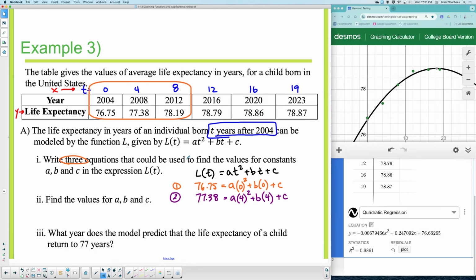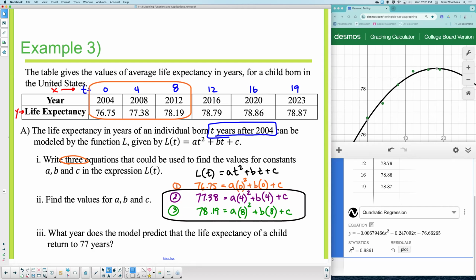And when you substitute, use parentheses. And finally, my third equation, 78.19 equals a times 8 squared plus b times 8 plus c. That right there would be your answer to part A. So those are your three equations.